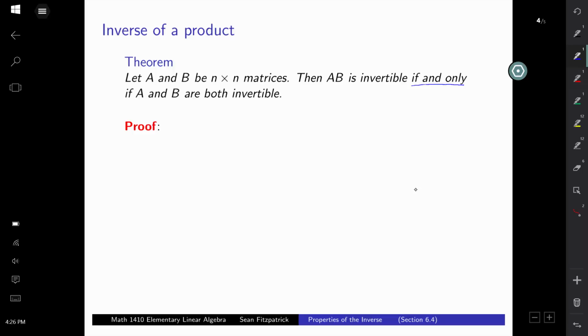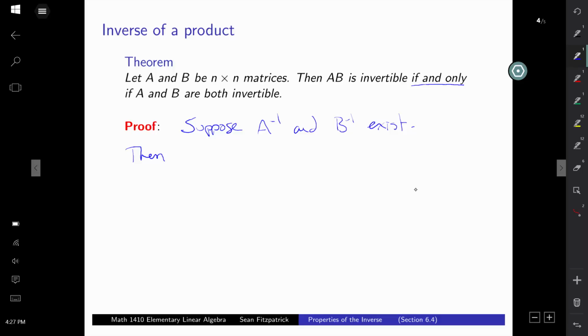Well, let's take care of the first direction. Suppose that A and B are invertible, so suppose that A inverse and B inverse exist. These inverses are unique, so I can unambiguously write down A inverse and B inverse.